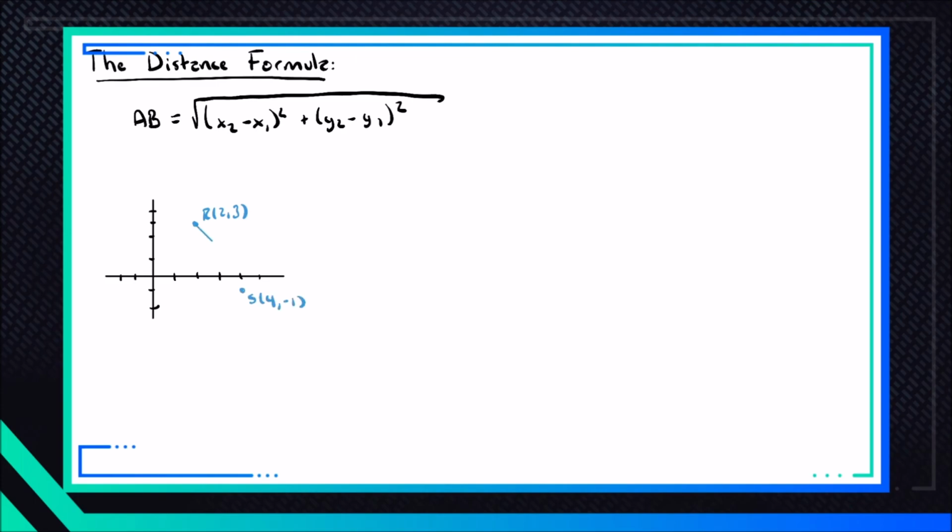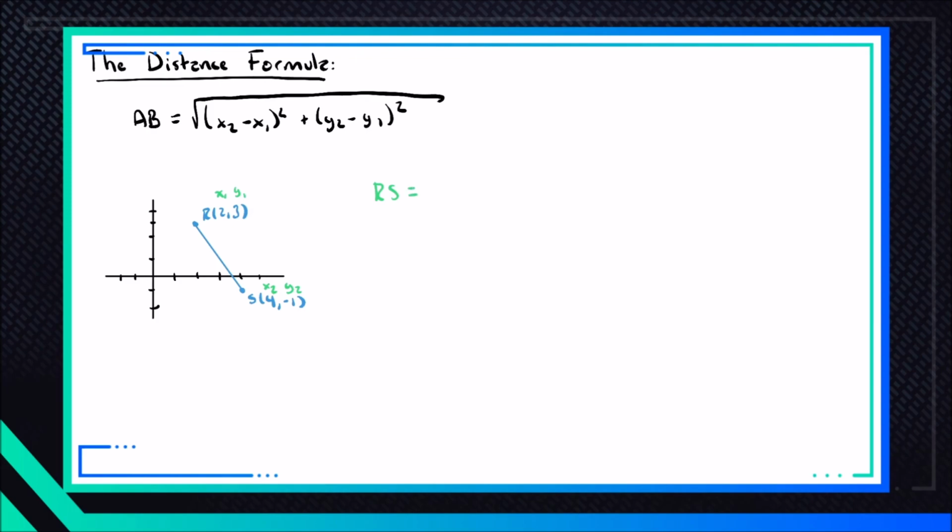And then we connect those two points. If we wanted to find the length of RS, the first thing we need to do is denote an x1 and a y1 and an x2 and a y2. Personally, it doesn't really matter which one you choose. The answer will come out the same. So let's make our top one our x1, y1, and our bottom one x2, y2. And we just need to plug now into the formula.